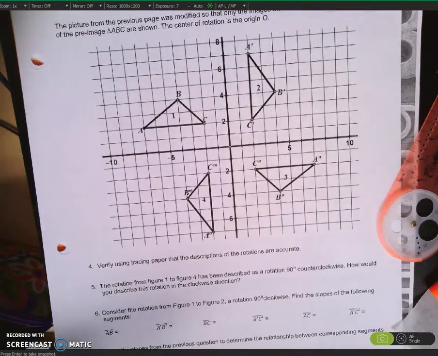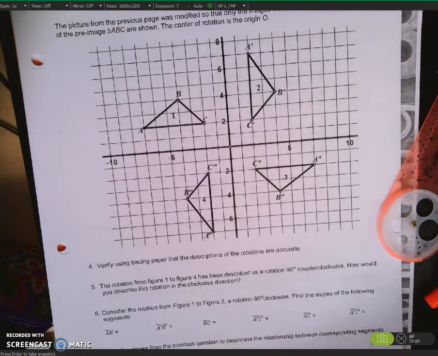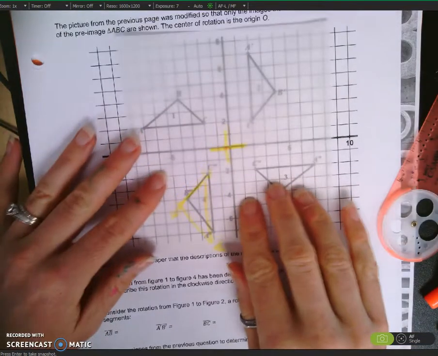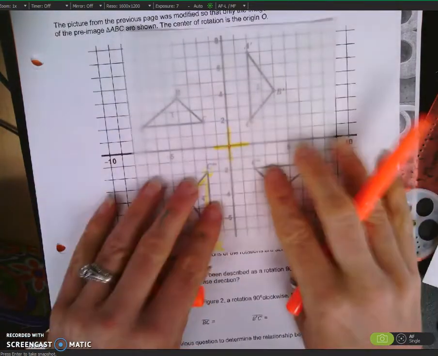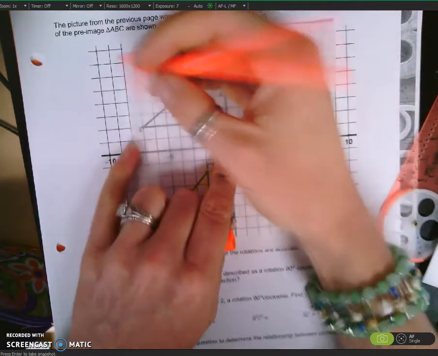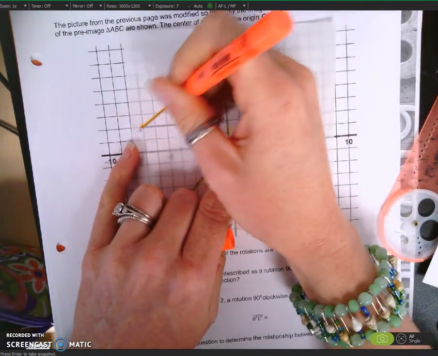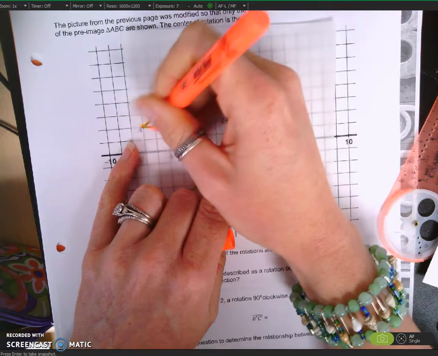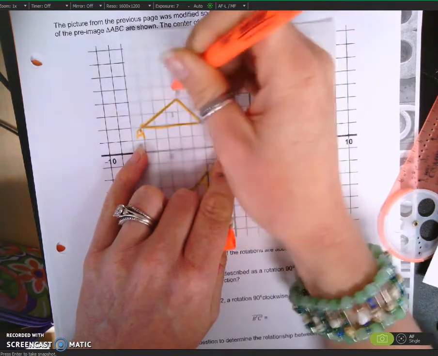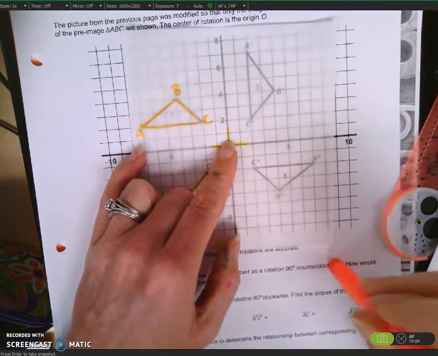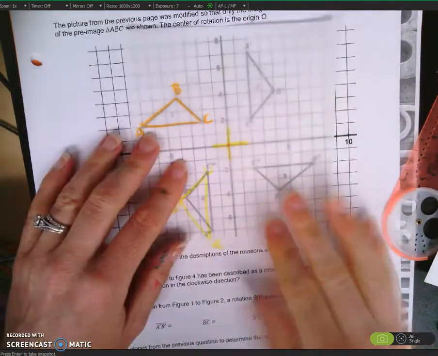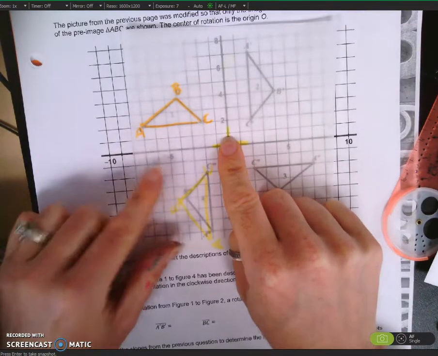Taking a look at the next page, I want you to use your patty paper again. You can use the same piece of patty paper, just to not be wasteful, and you can use the same XY and just trace triangle ABC. Notice ABC, our pre-image, we're going to call it 1. We've modified this slightly so the same triangle won't work.